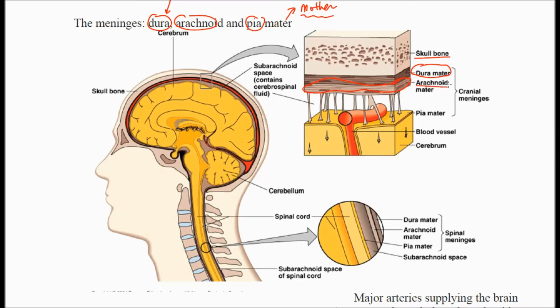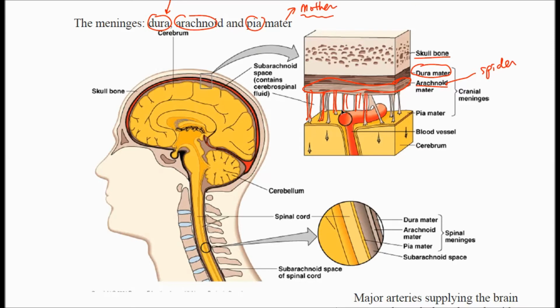Arachnoid means spider, and arachnoid mater forms a trabecular system. The trabecular system projects to the pia mater and looks like a spider web, and so the name comes, the arachnoid mater.